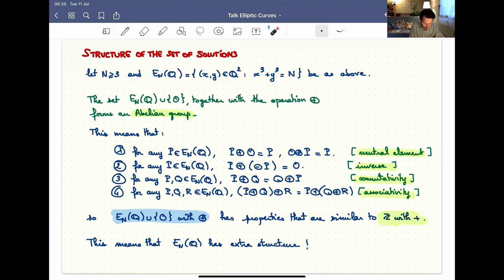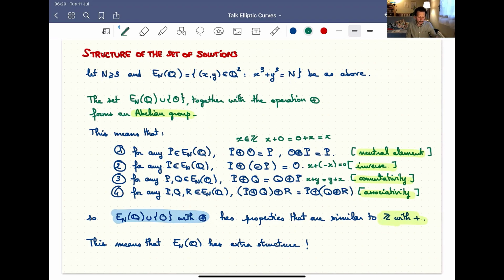For any integer x, x plus 0 is the same as 0 plus x, which is x. If you have an integer x, then x plus minus x is equal to 0. And if you have integers x and y, then x plus y equals y plus x.